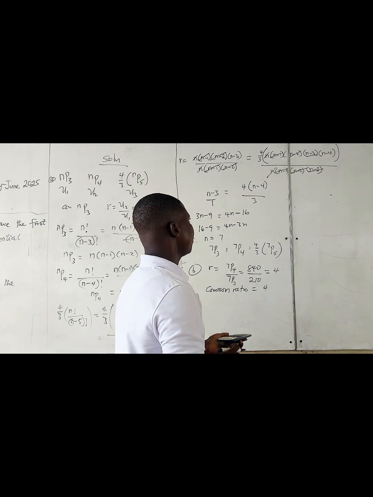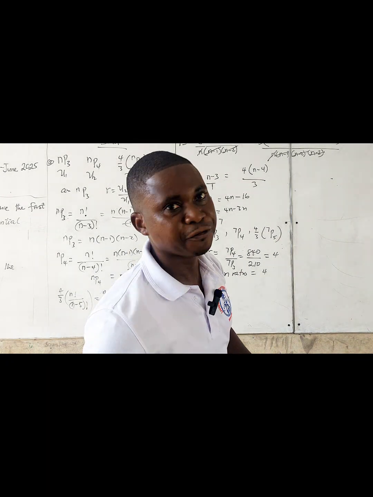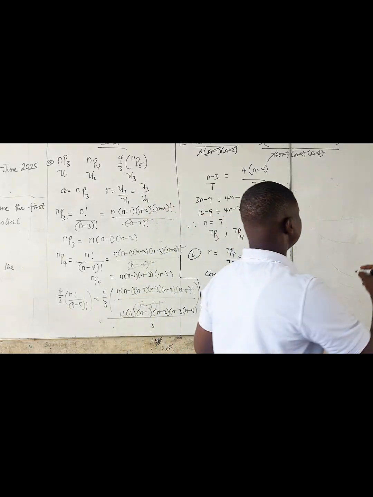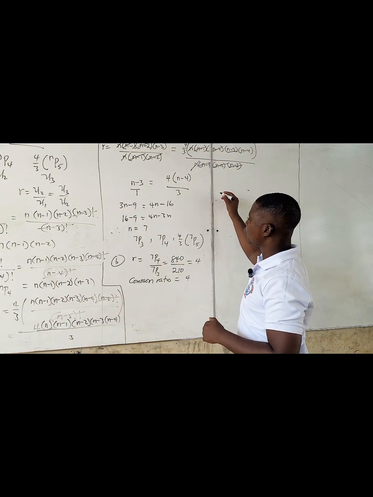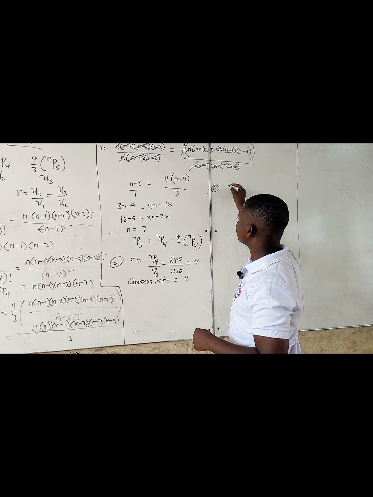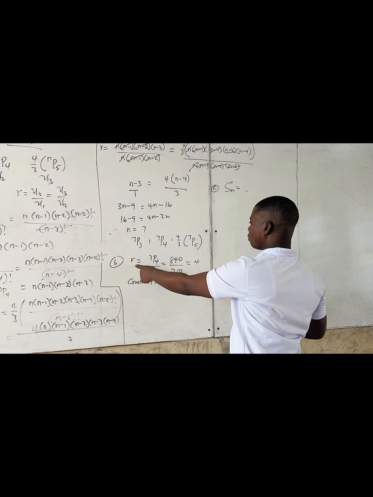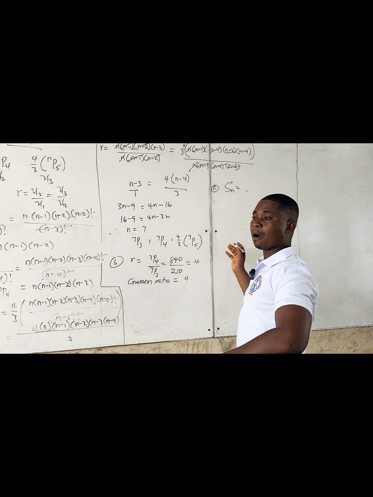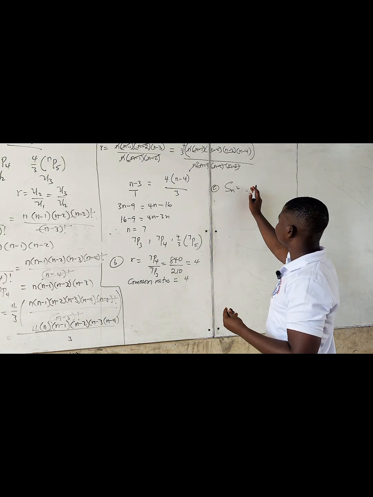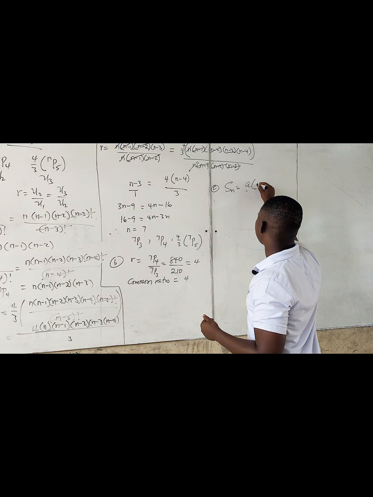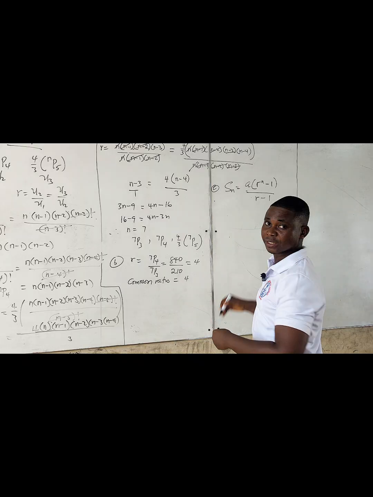Now the next thing is we are asked to find the sum of the first 15 terms. So the sum of the first 15 terms. Since we have our common ratio to be more than 1, we use Sn is equal to a into bracket r to the power n minus 1 all over r minus 1.